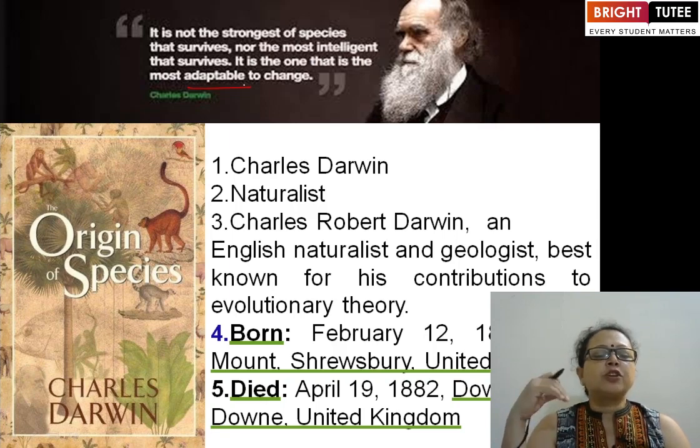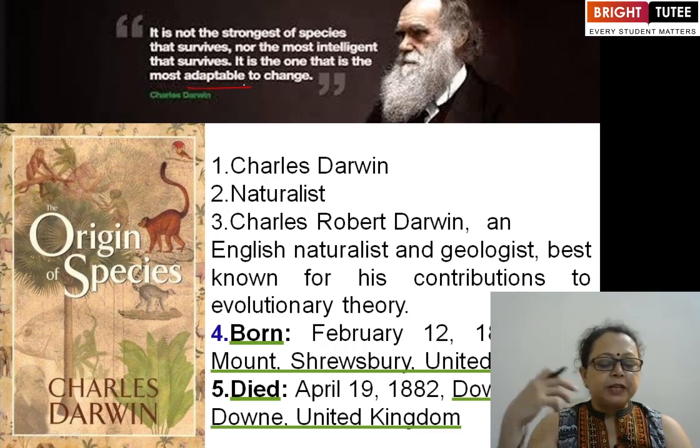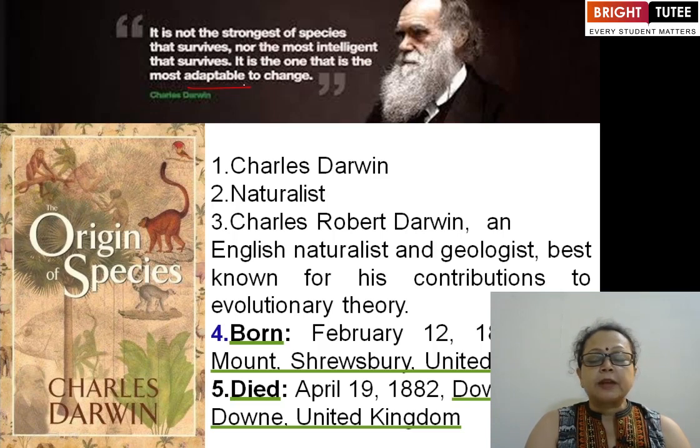Intelligence is also not required for survival. But the most important thing is adaptation to change in the climate. If we adapt, then we can easily survive. So this is the theory given by Charles Darwin.